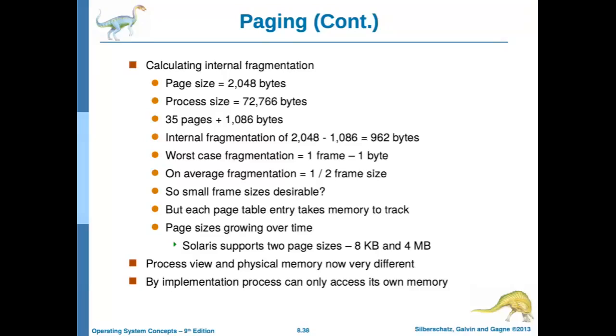The page size is, say for example, 2 KB. The size of the process is something like 72,766 bytes. If I divide 72766 by the page size, 2048, that gives me something like 35.53.